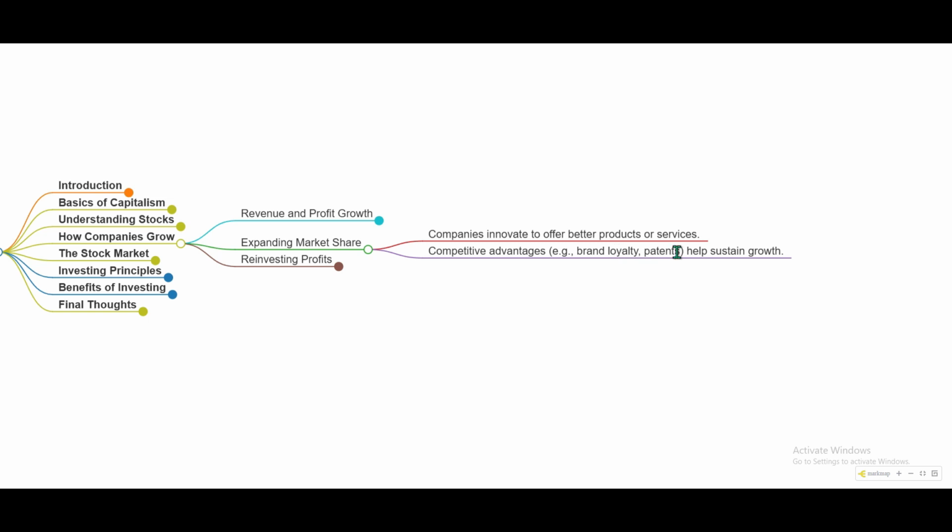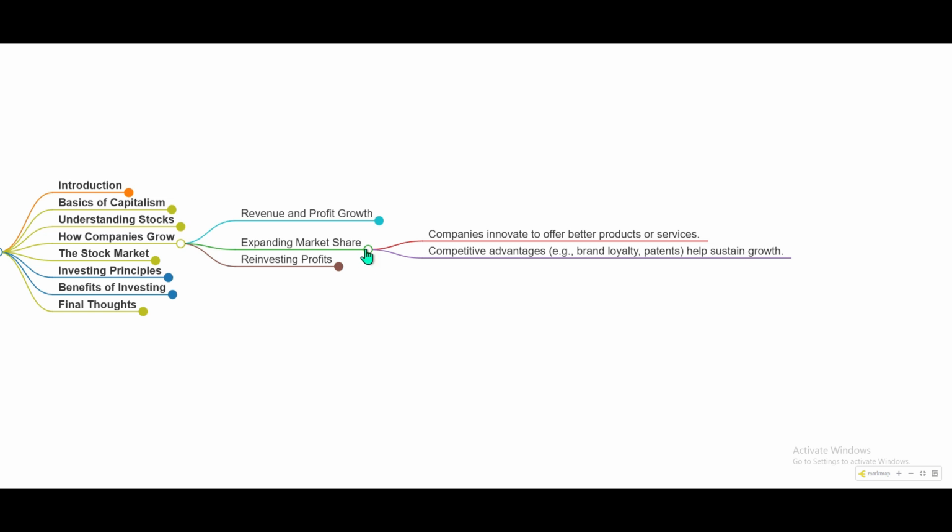These are moats. These help sustain growth. Otherwise a company won't be able to sustain growth. A new company will enter and take huge market share from a well established company. Well established means it has a competitive advantage, it has a moat.